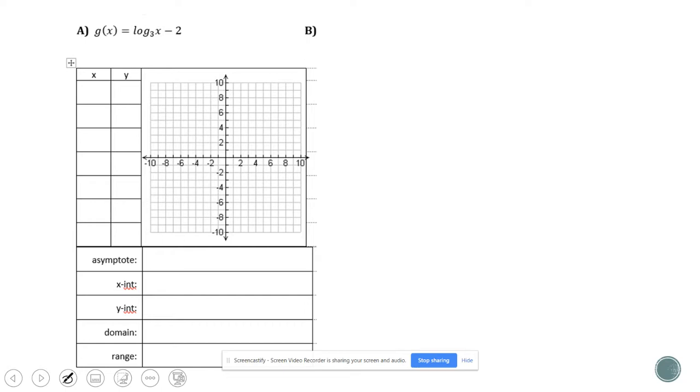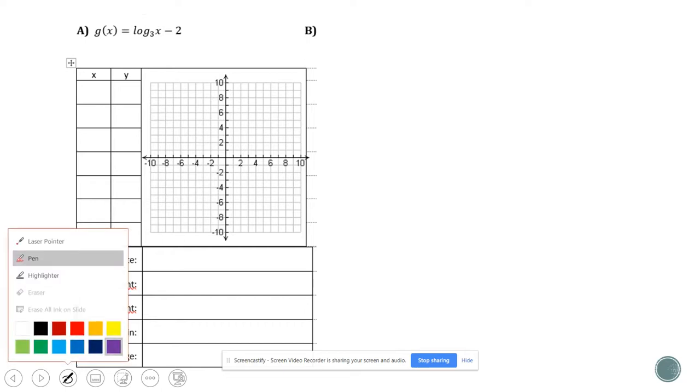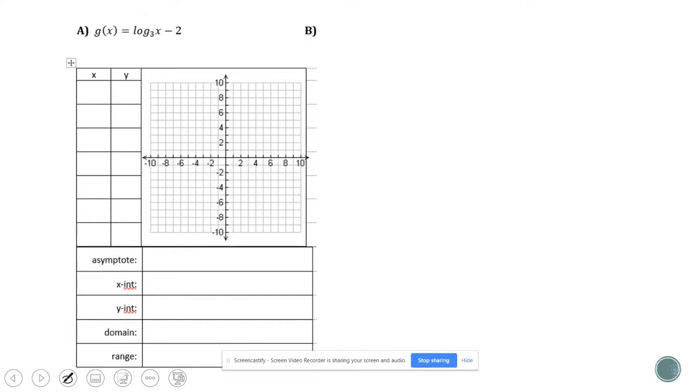All right, our first graph. y equals log base 3 of x minus 2. This transformation, because it's not in a parenthesis, is down 2. So it's the only thing that's happening to our graph.